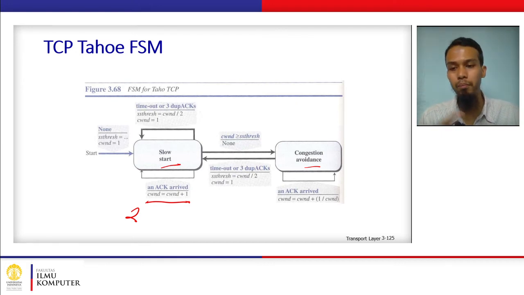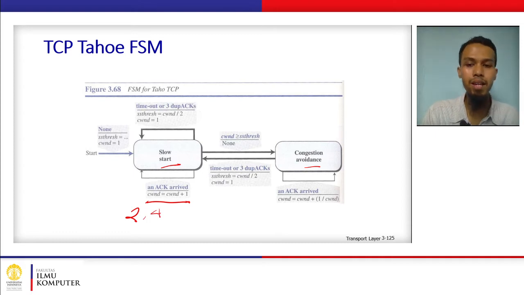So 2 becomes 3, and then the other one adds 1, and it equals 4. And then the next time, for each of the segments added by 1, the next one will be 8. So basically this shows the exponential growth. This is the slow start.